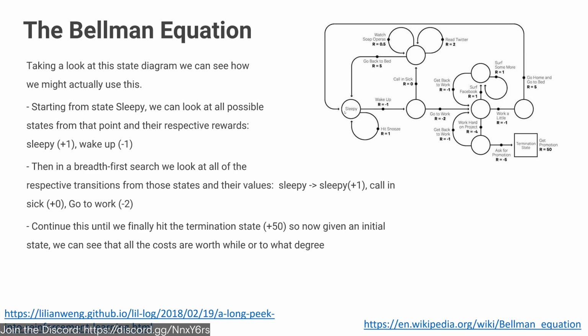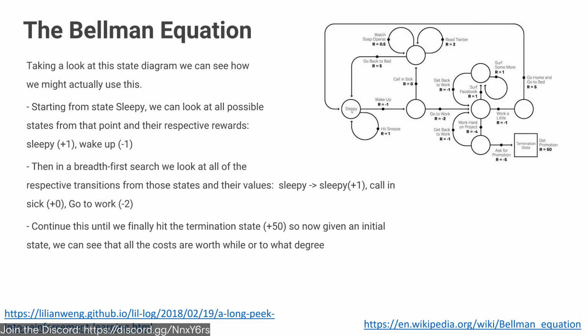So our value is going to be, say that we have an equal probability of waking up or hitting snooze, that's going to be just 0. Our value of being in sleepy right now is 0. So now we look, in a similar way to breadth first search, at the neighbors of sleepy, which are sleepy and wake up.